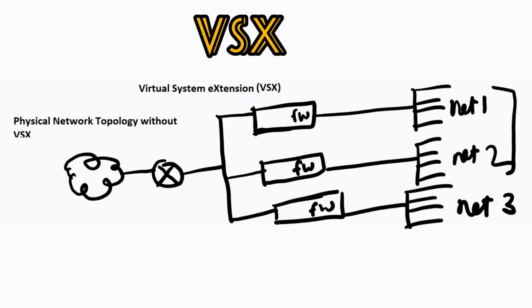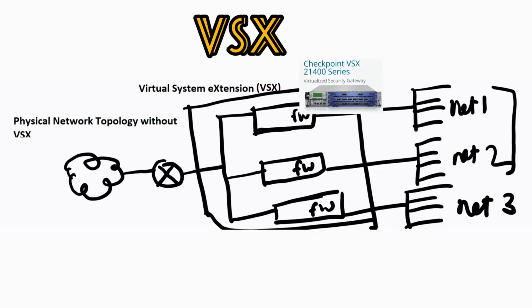But if you consider the VSX option here, this 3 firewalling functionality will be available within one VSX gateway. So this is your one VSX gateway, having these 3 different firewalls, for example.